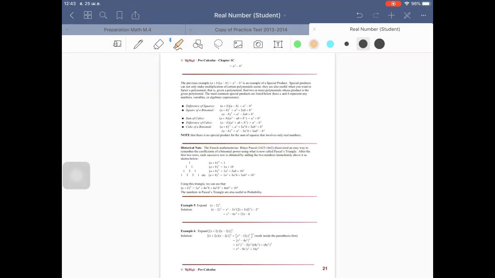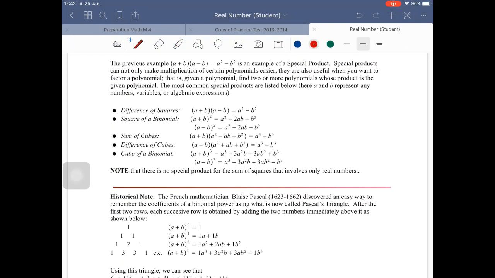Let's see, there are some rules. These are very important rules, very important properties. Take this note. You already studied this in Mathematics 3: the difference of squares, the square of a polynomial, sum of cubes, difference of cubes, and cube of binomials.